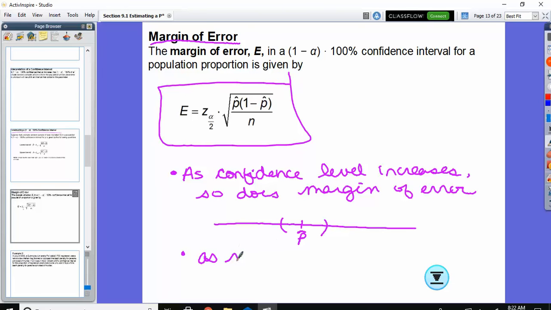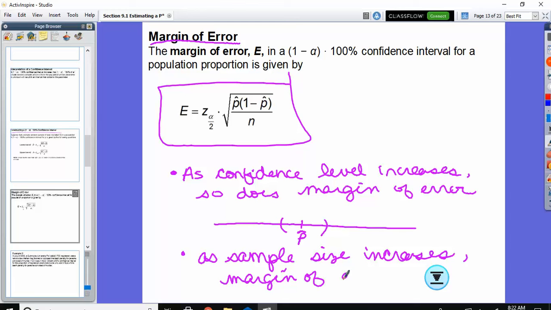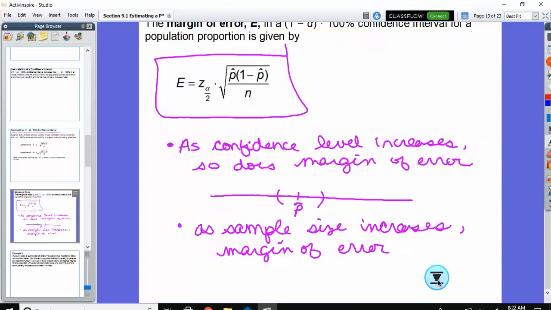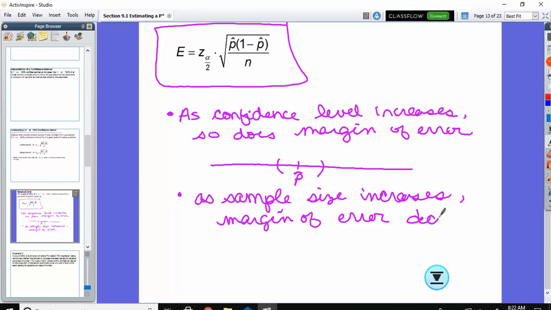So as sample size increases, the margin of error would decrease. The more people I have, the less error will be involved in my sample.